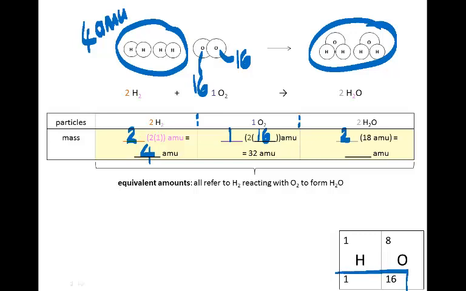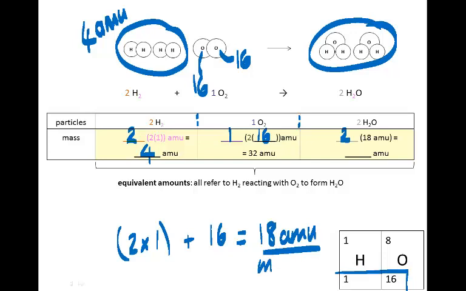We can see from here, 2 times 1 atomic mass unit per molecule for the hydrogen plus 1 times 16 atomic mass units for the oxygen makes 18 atomic mass units for every molecule. And here we have 2 molecules, so that's 2 times 18 atomic mass units, which is 36 atomic mass units.